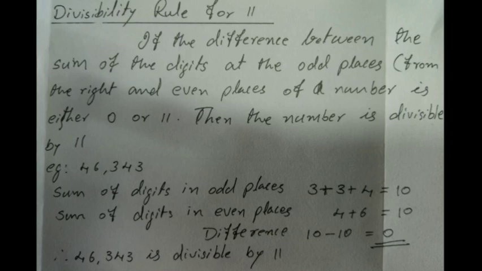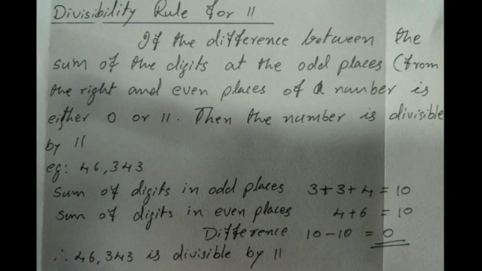Sum of digits in odd places: 3 plus 3 plus 4, that is 10. Sum of digits in even places: 4 plus 6, that is 10. So the difference is 10 minus 10, which is 0. So 46,343 is divisible by 11.